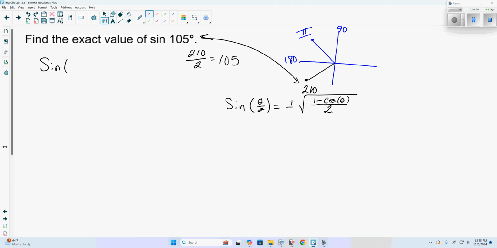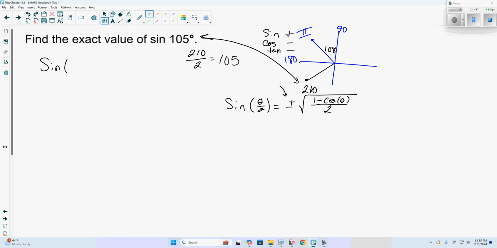Now the plus or minus, which sign we take, is going to depend on which quadrant our original angle is in, for the sine or cosine value. Since 105 degrees is in the second quadrant, sine is going to be positive, cosine is negative, and tangent is negative.